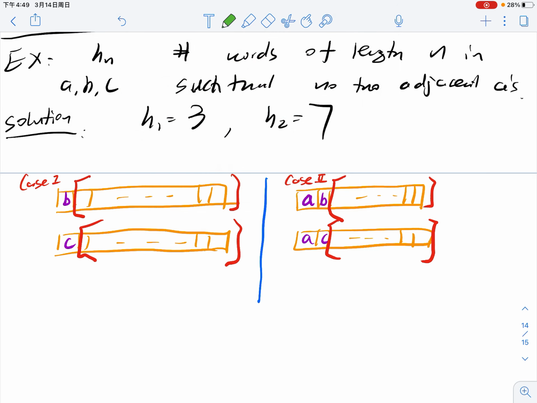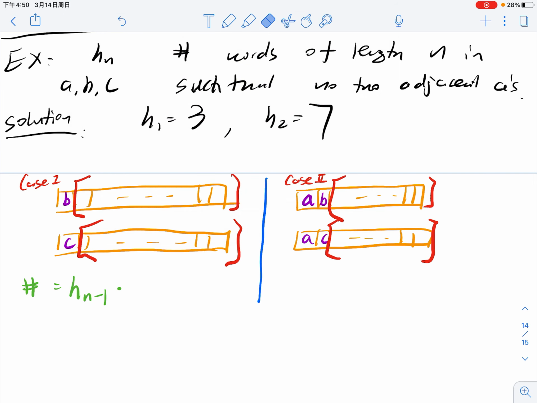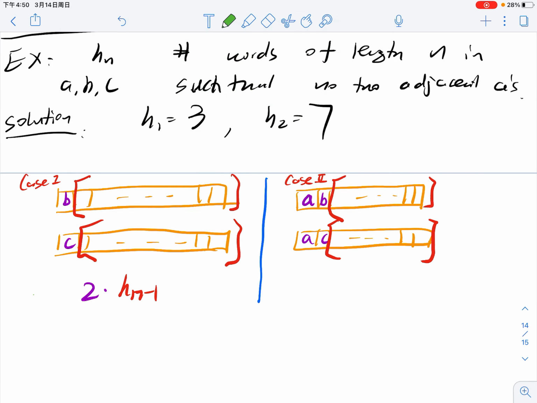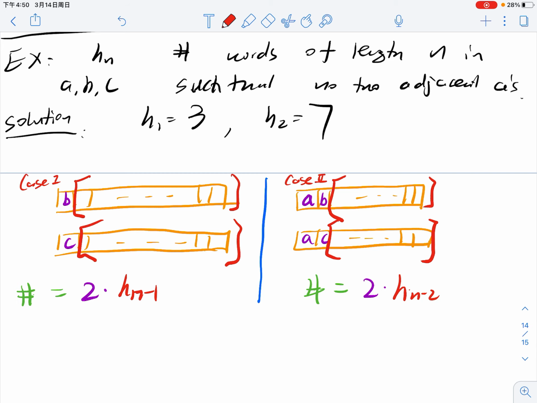Therefore, here you have the number 2 times H(n-1), and on the right hand side, you have 2 times H(n-2).